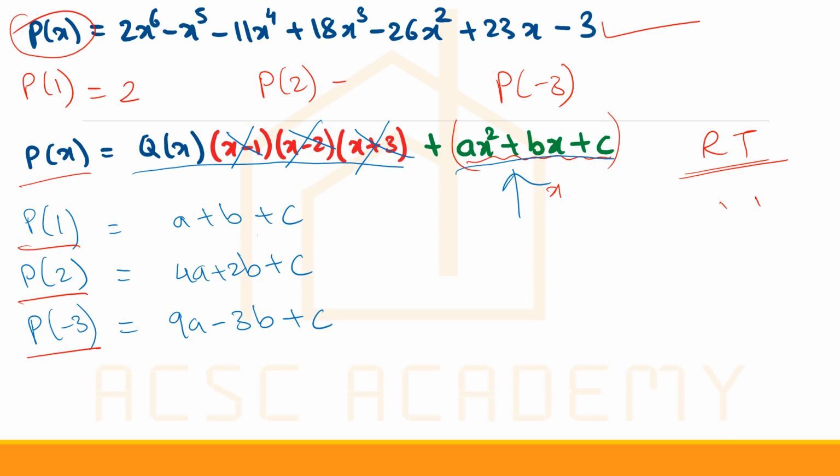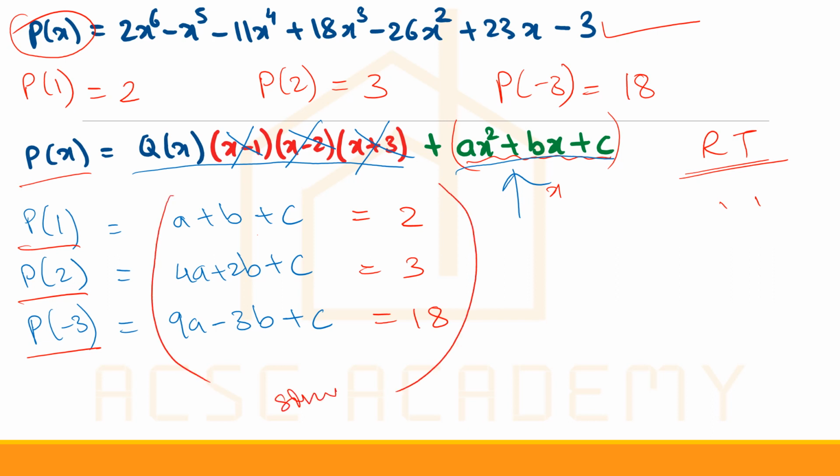And for p of 2, we get the value as 3. Similarly, for p of minus 3, we get the value 18. So now, here we will substitute their results, 2, 3, and 18. So these are our simultaneous equations.